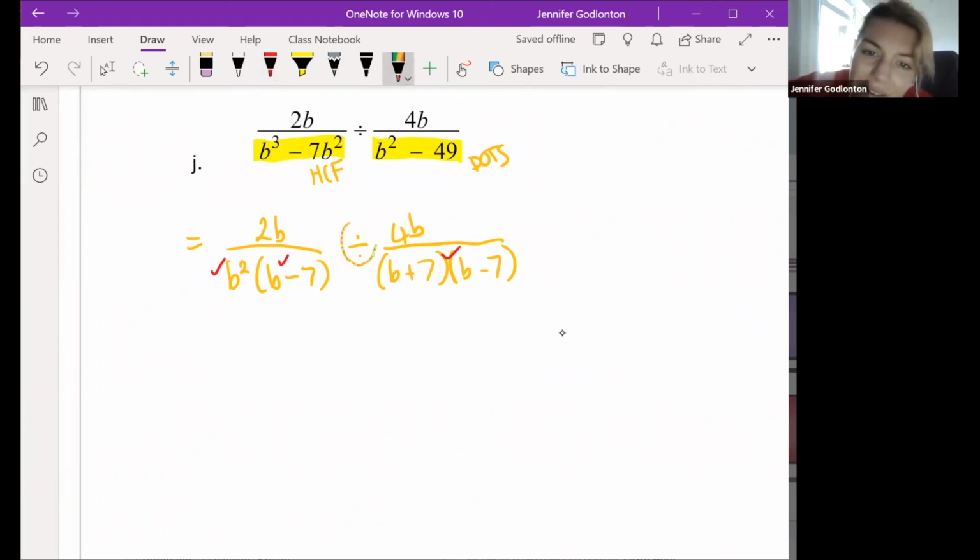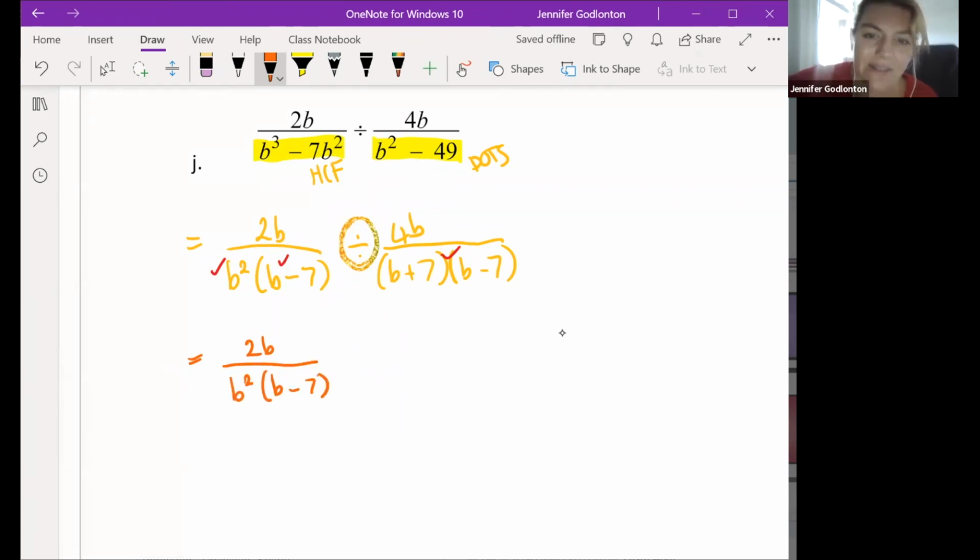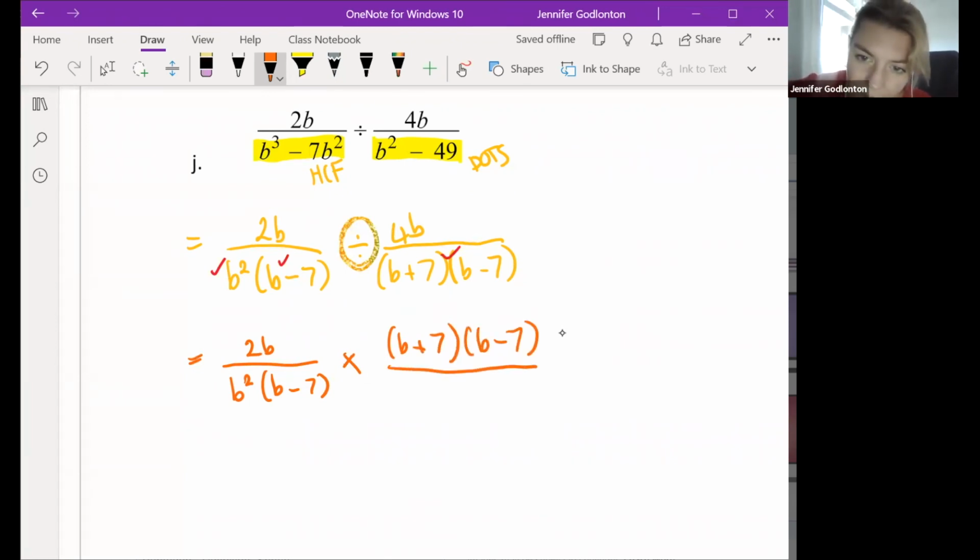Now we're going to deal with our divide sign. We're going to say 2b over b squared, b minus 7, times, so keep the first fraction, change the sign, flip the second fraction, all over 4b.